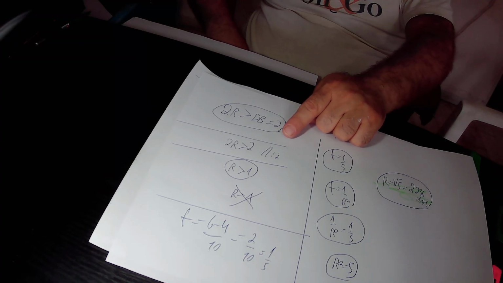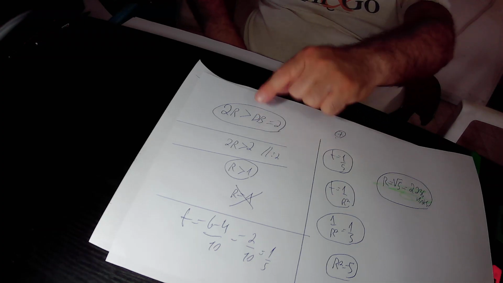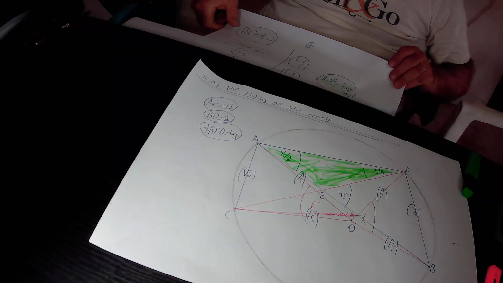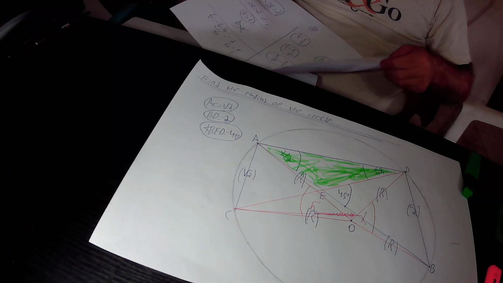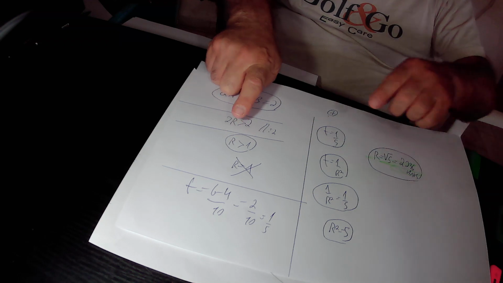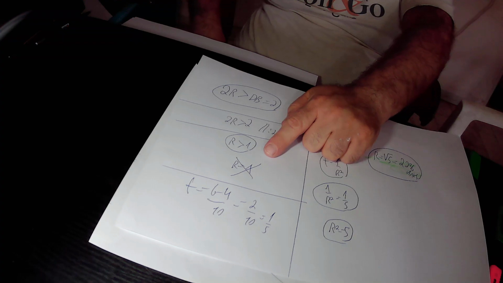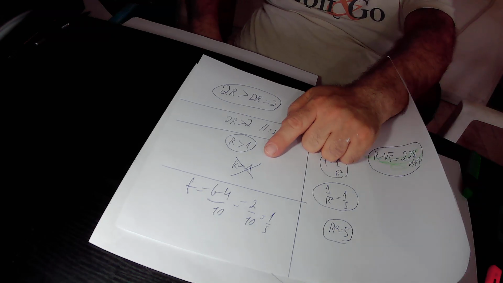Here we divided this inequality by 2, and found out that the radius r of this circle is greater than 1. If the radius of this circle is greater than 1, the radius cannot be equal to 1. So the possibility that the first solution for t equals 1 gave us a contradiction, and therefore we cancel this solution.